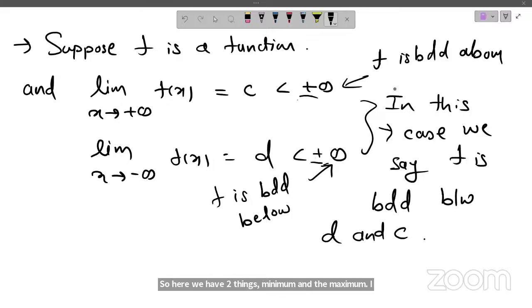Like in the range we write from minimum point to maximum point, here we have to say from below to above. But you cannot interpret it in terms of range, because in range the function should take those values, while there may exist some point between d and c, or c and d, where the function won't take the value. Got my point? Yes, ma'am.